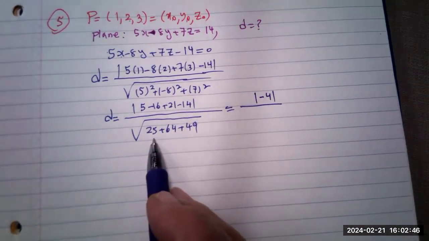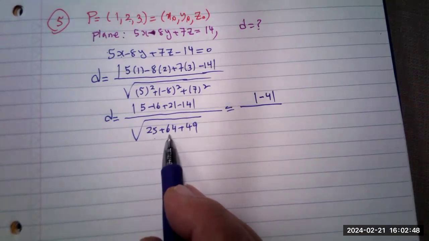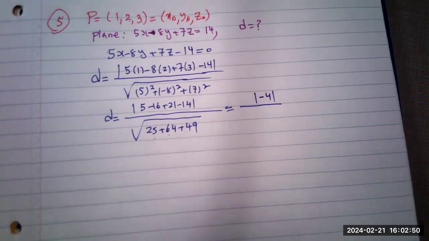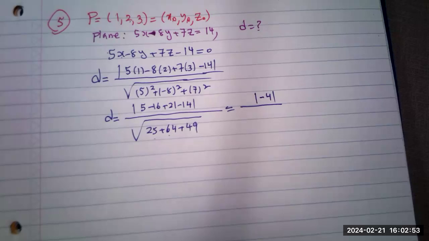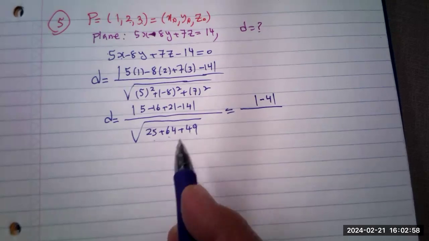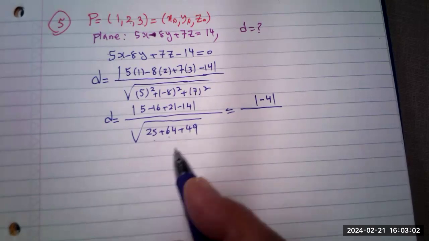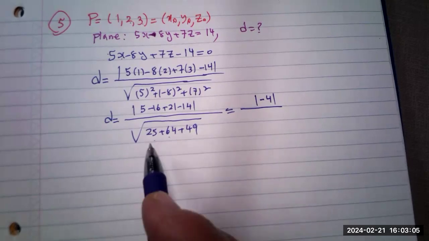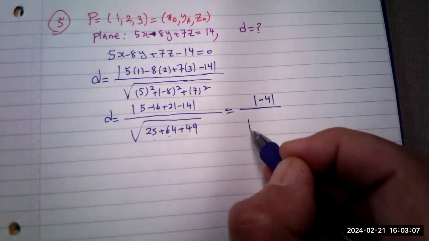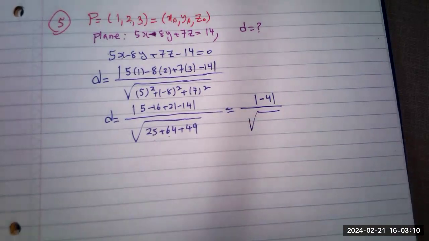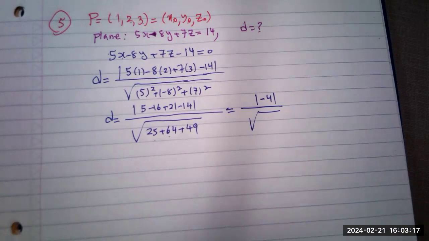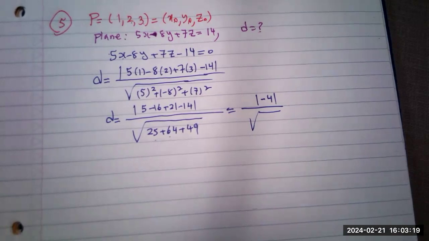And down at the bottom over here, we have 25 and 64. That would be 89, and 49. So that would be like 138. It's going to be the square root of 138. I think that's it.